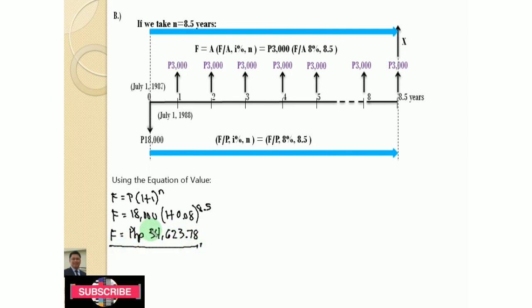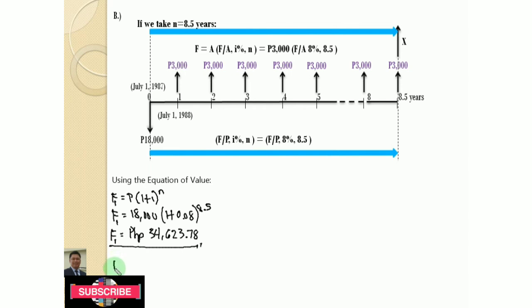So we can denote this as F subscript 1 here, considering this 18,000 pesos as our principal. How about if we consider this 3,000 as our annuity for the cash flow above this one? We will denote this one as F2.